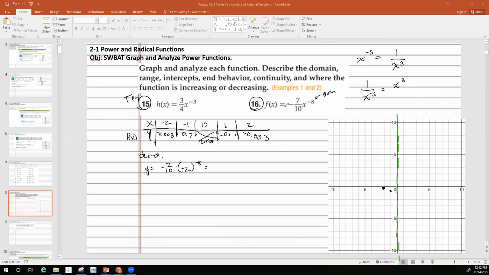You're probably thinking, whoa, what? Yeah, we can graph it from there. Here, 1 comma -0.7 and 2 comma -0.003. Try those out, see how it goes. So it looks like it's approaching 0, and then it goes down forever.